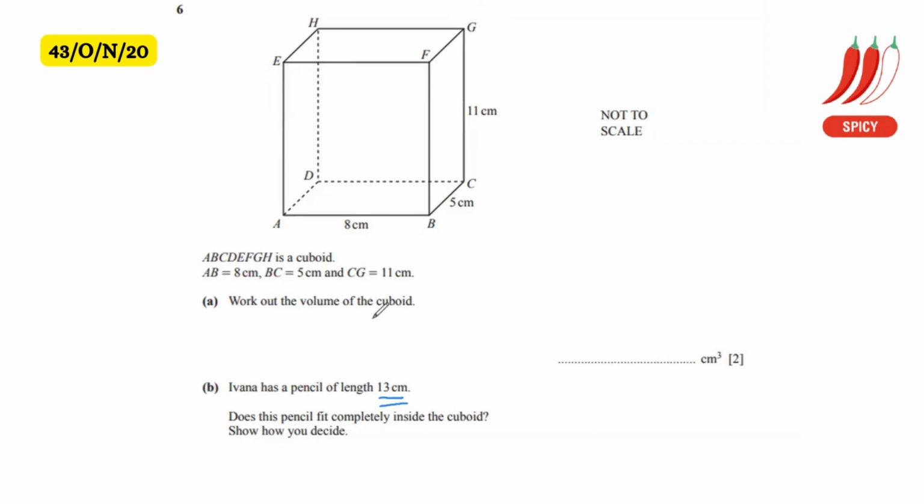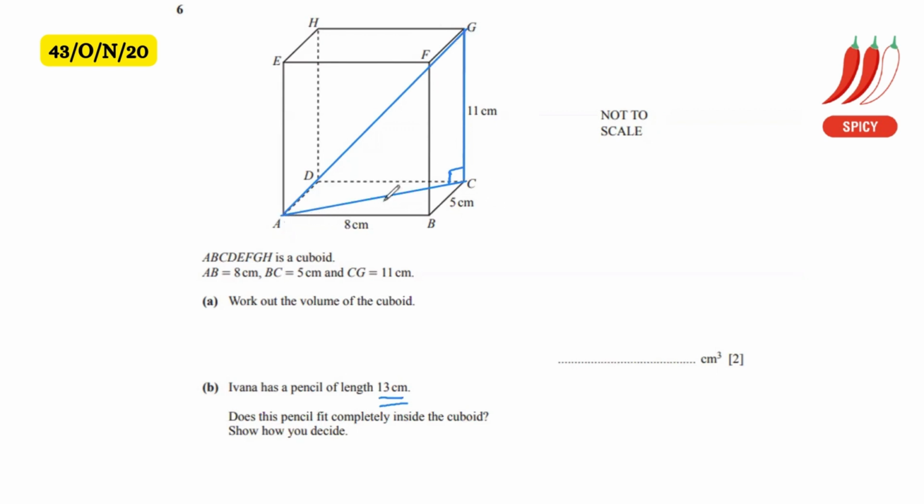The last option we have is that we can put the pencil diagonally in the box, like this. So for it to be able to fit diagonally in the box, we need to show that the length AG is bigger than 13. Now to show that, we can connect A to C and G to C to create this right angle triangle, and then use this right angle triangle to find AG.